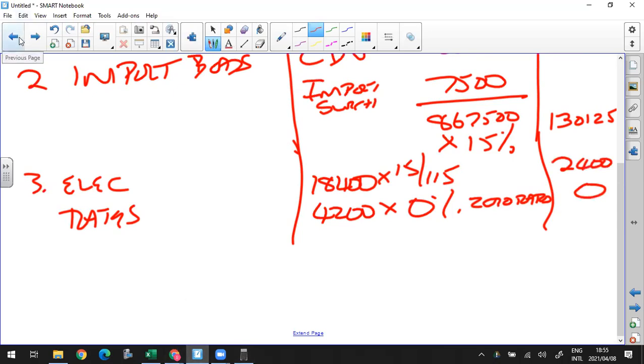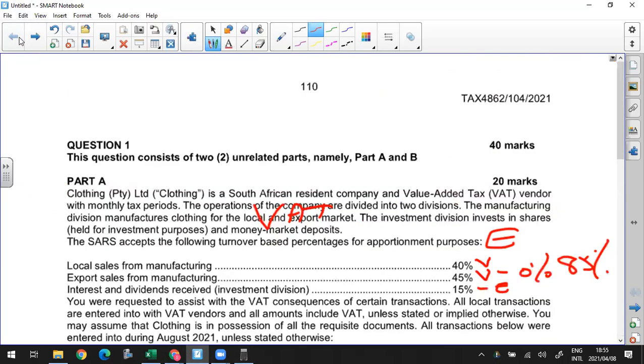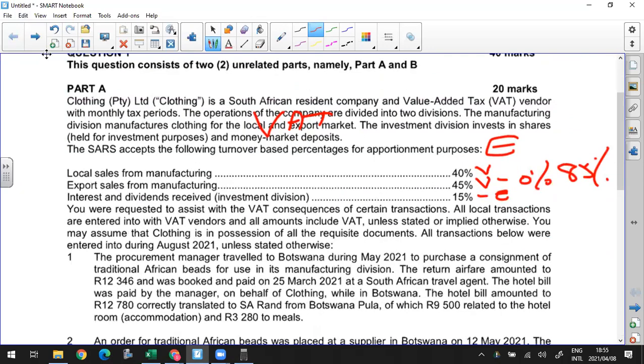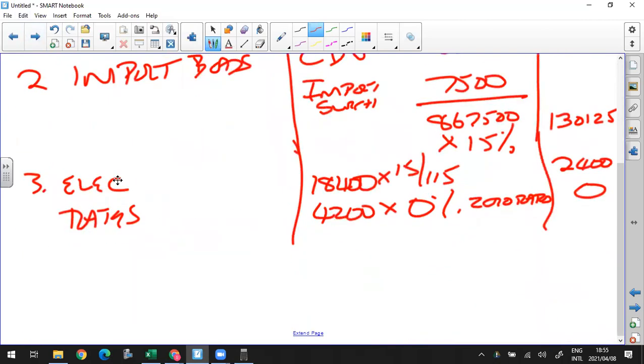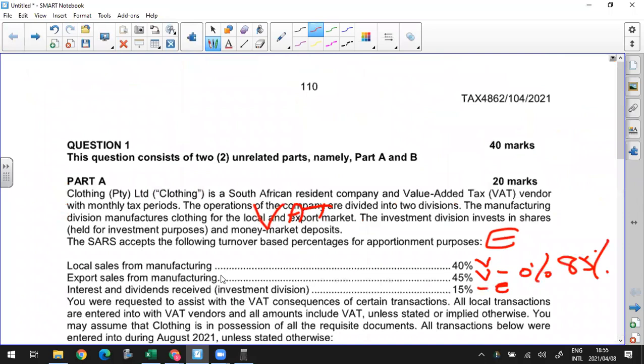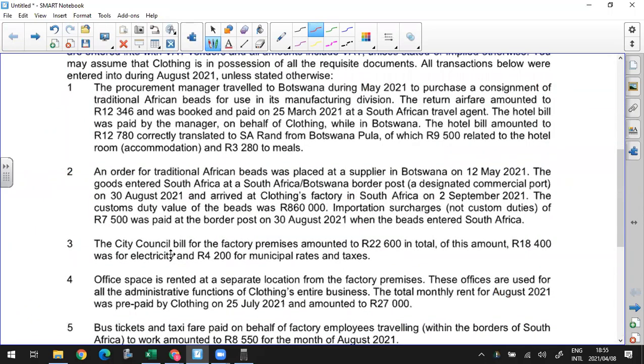Next one. Don't we times it by 85%? The electricity is used for the whole business itself. What did it say in the question? Factory premises.